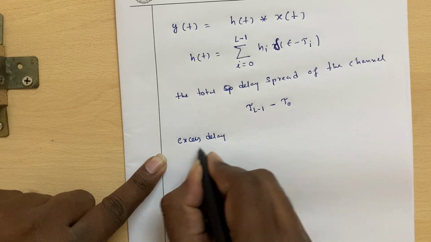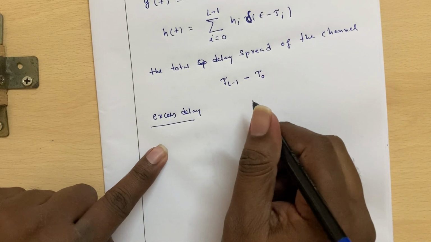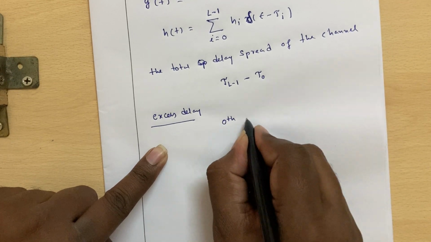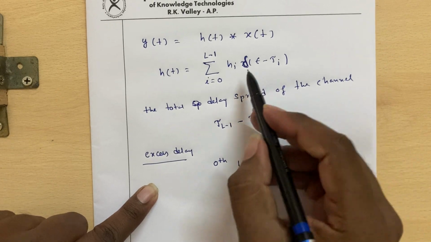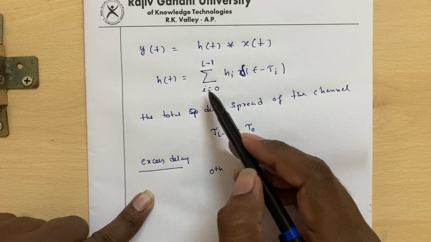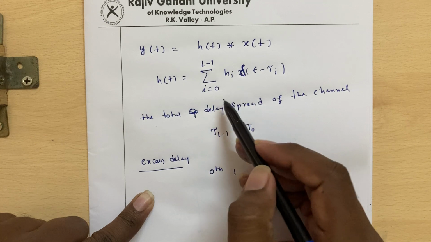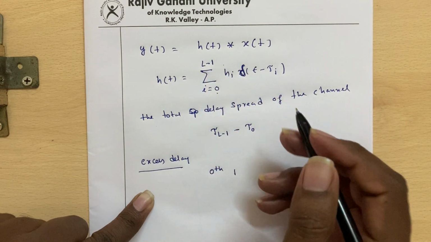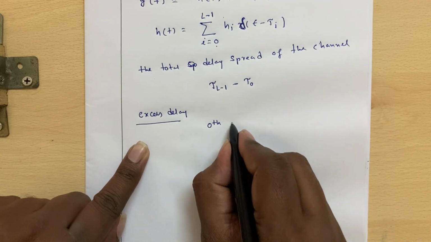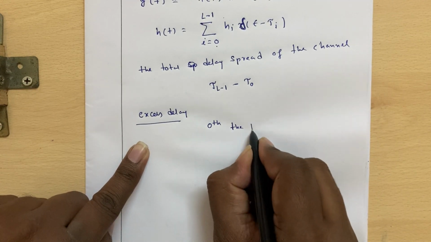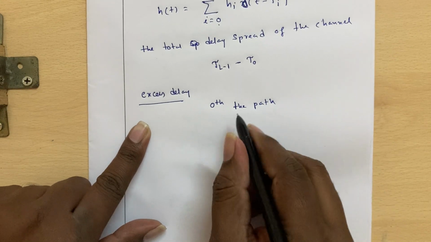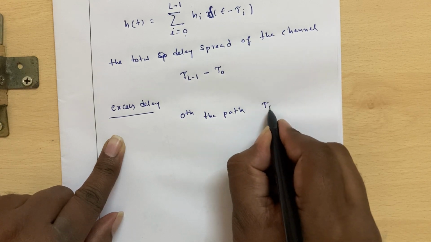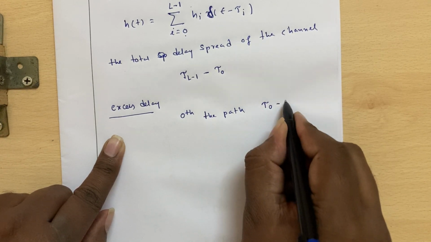Now we introduce a topic called excess delay. Say the infinite paths are now dissolved into L number of paths: the zeroth path, the first path, up to path L minus 1. The excess delay is the actual propagation delay minus the first path propagation delay.